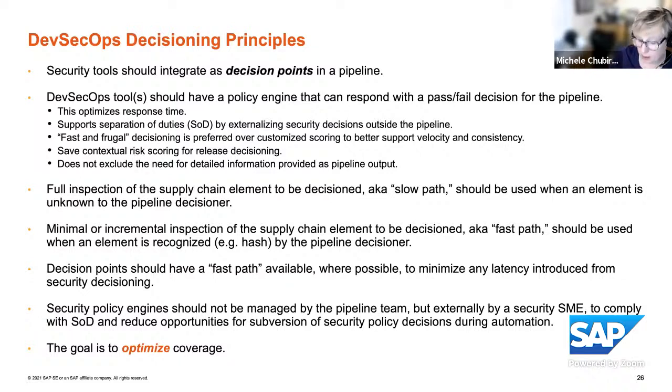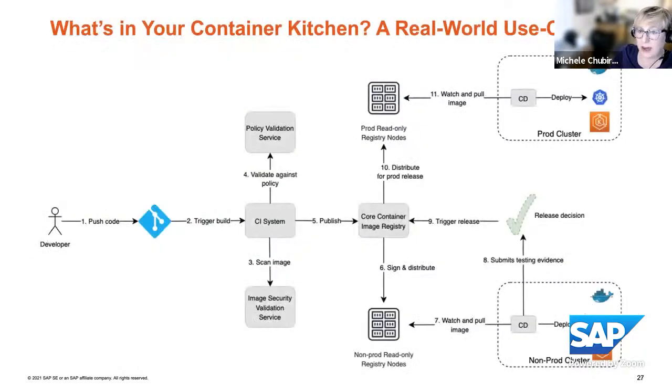But what you need to take away here is you need to be looking for and identifying your opportunities, shall we say, for security and policy decisioning at every state change in this life cycle, because that's what you need to focus on. Where are the state changes? That's my opportunity to validate.